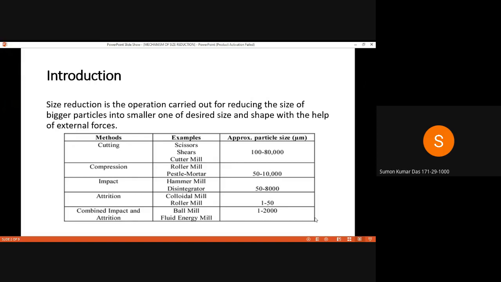In this table I present each method, the proper equipment used for it, and the approximate particle size.